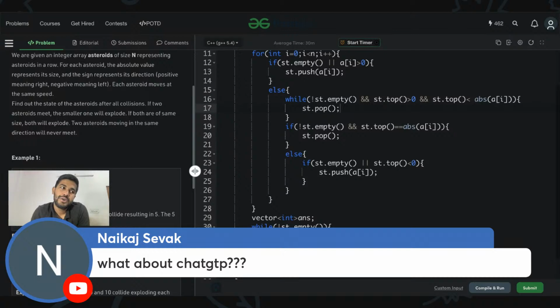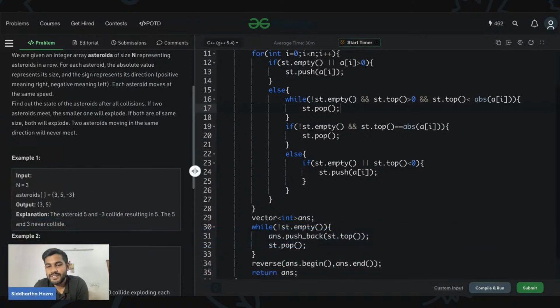Earlier also, famous standard questions were googleable. Now also standard questions are out there on ChatGPT. Okay, the empty method exists for vectors. Fair enough, I didn't know. I used to have vector.size. I never explored it.